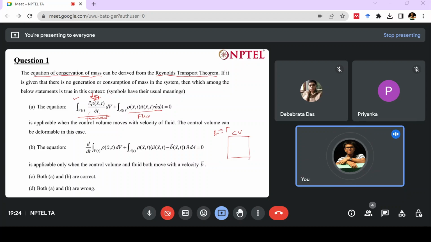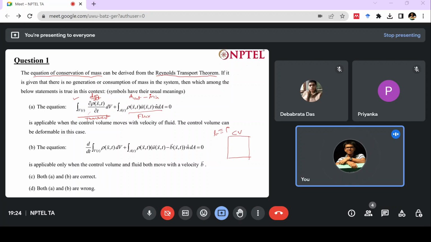This might be some special case which we will discuss later on. But the idea is this is dm/dt, the mass changing inside the control volume, and this is my mass flux. So this dm/dt plus whatever mass is going out, the rate of this.